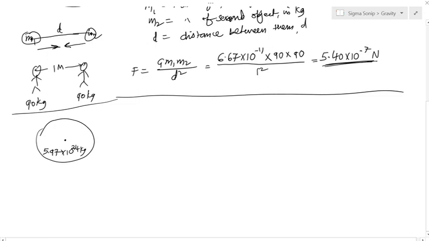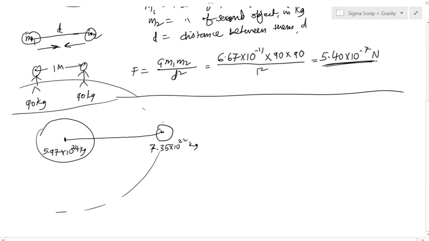And this is my Moon here. The mass of the Moon is 7.35 times 10 to the power 22 kilogram. And the distance from here to here is the orbital radius, like the Moon is going around Earth all the time.